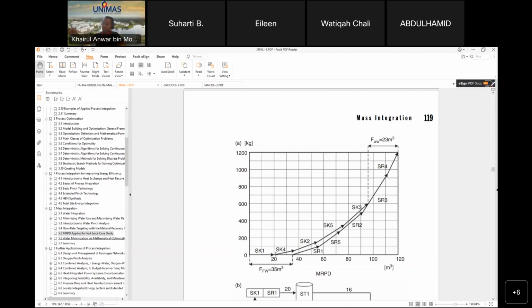So which one comes first is lesser than SK2 and SK5 and SK6, SK3. The mass, sorry.